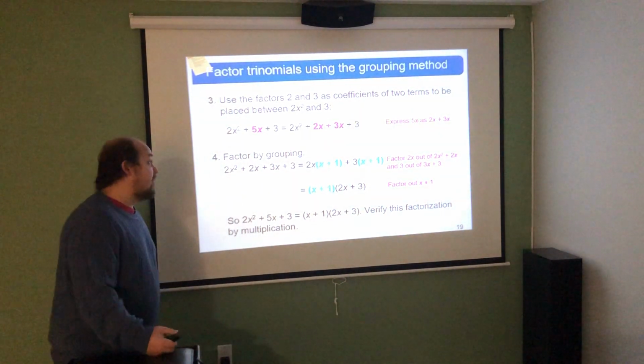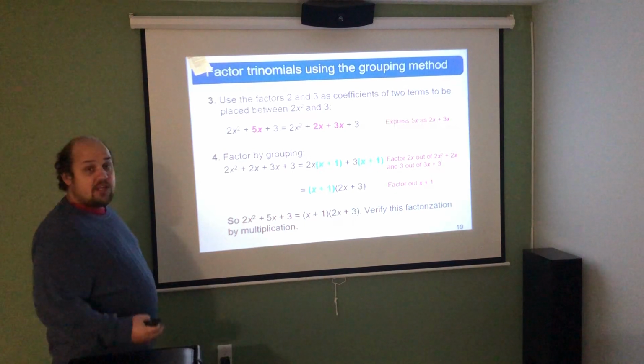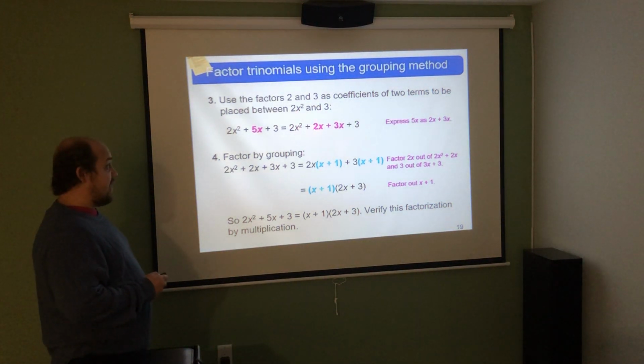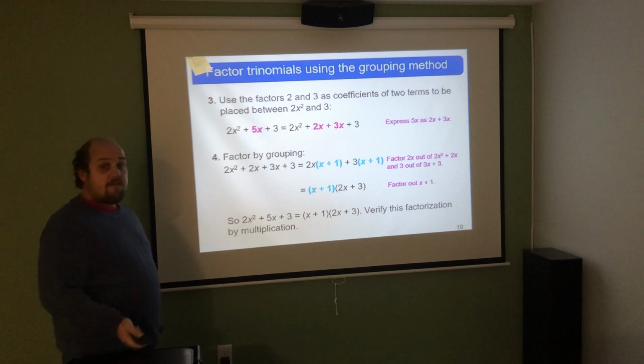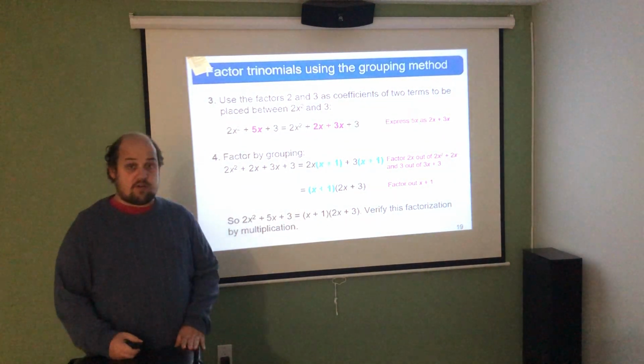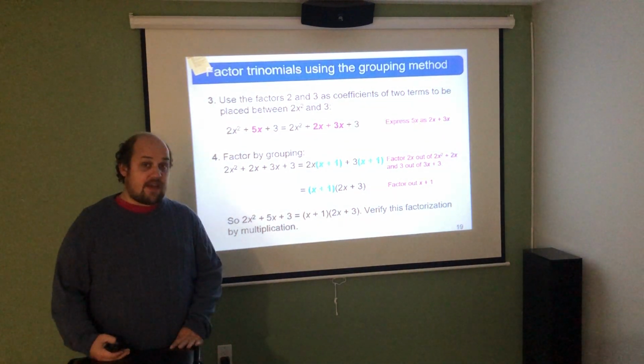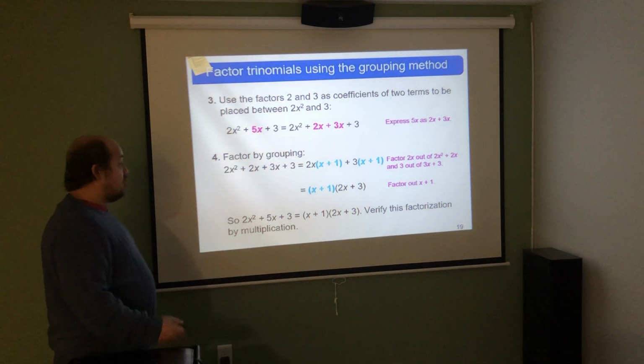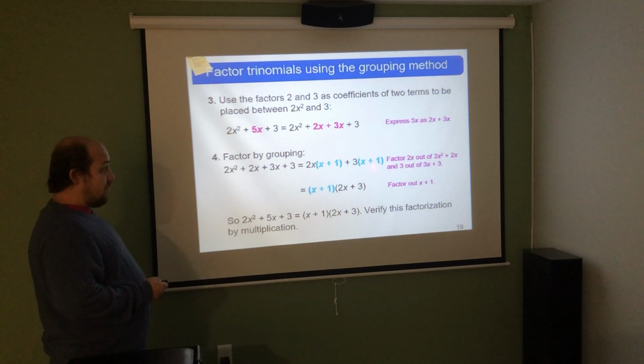Once I have it broken up like that, now I can use the factor by grouping formula, which says group the first two together, factor out the greatest common factor. Group the last two together, factor out the greatest common factor. If you've properly identified the greatest common factor that comes out, then you'll be left with the same parentheses afterwards. 2x goes into both 2x squared and 2x.